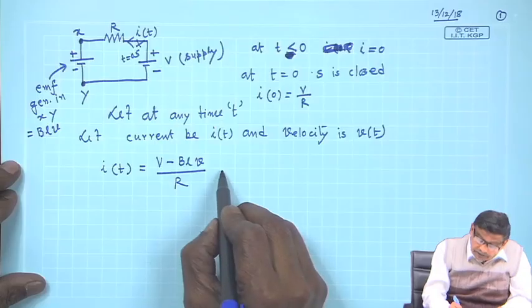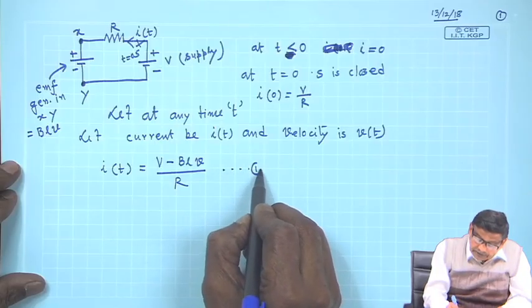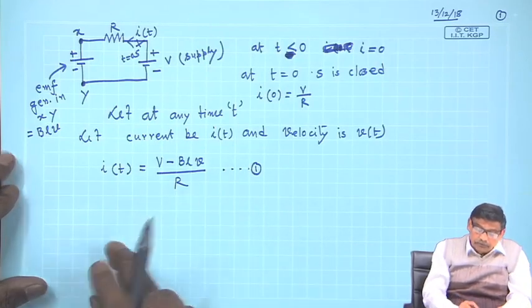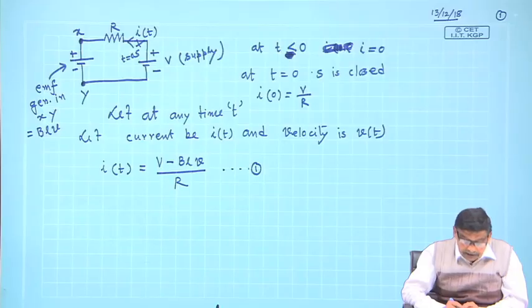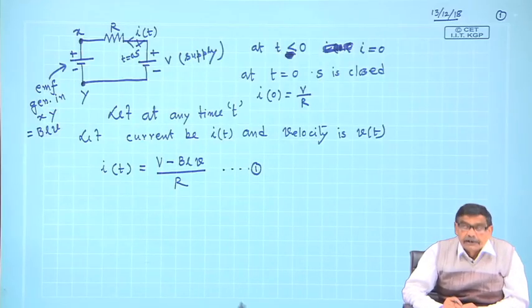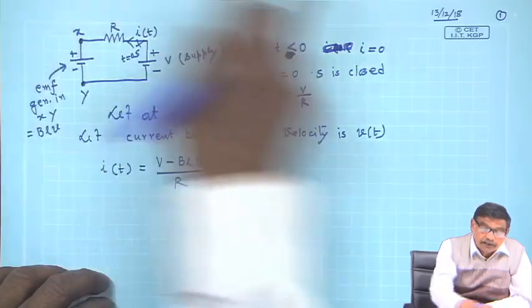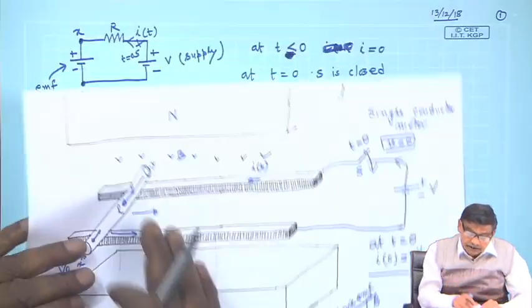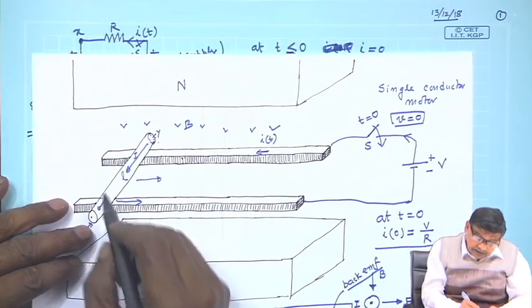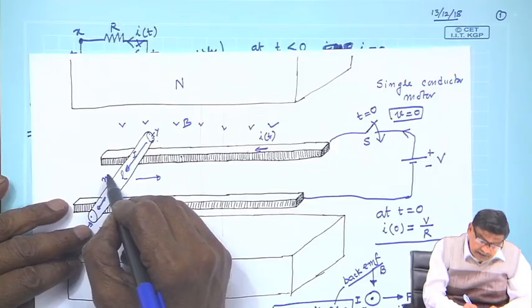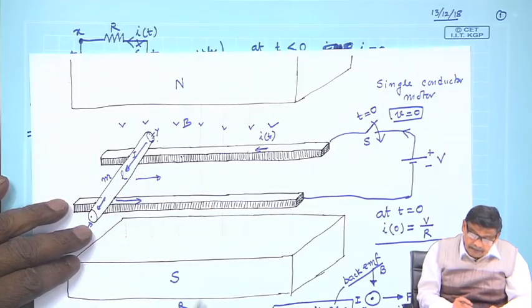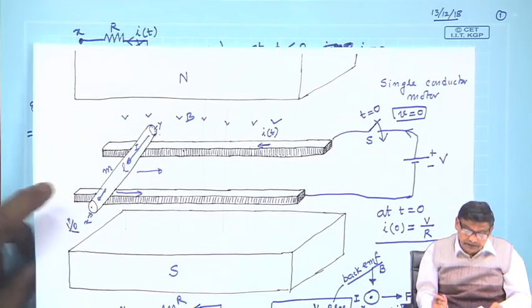So, this is one expression, but to get the expression of current and voltage for any time t, I have to generate another equation. And what is that equation? That equation is the electromechanical equation, the dynamic equation of this moving bar. Let us assume the mass of the bar is m and velocity is v.